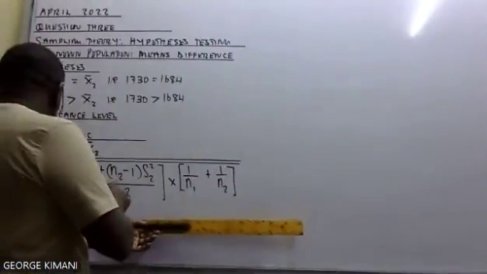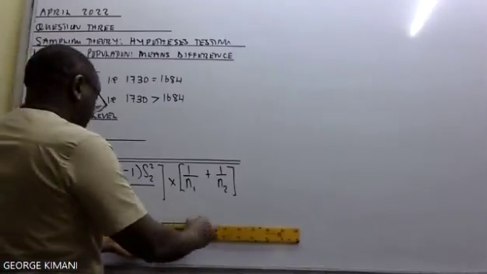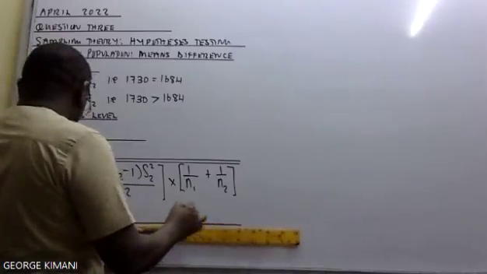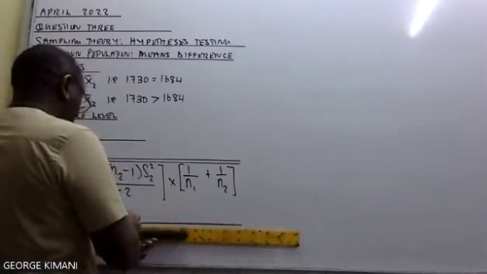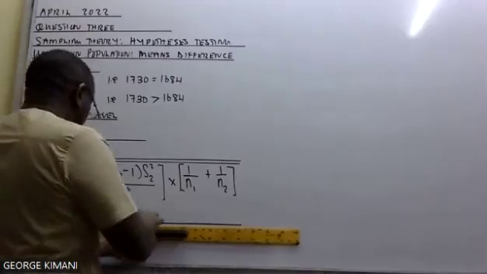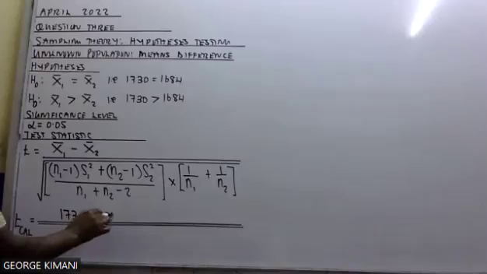Now the T calculated will be 1730 minus 1684.